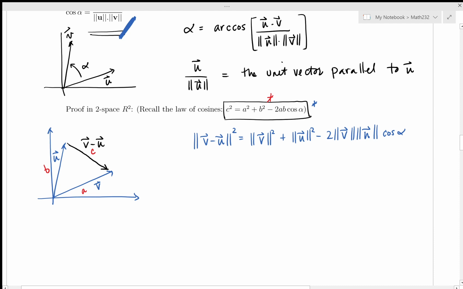Okay, so I'm going to take a look here at the left-hand side. The norm squared is equal to the dot product of these two things. We just showed this up above.